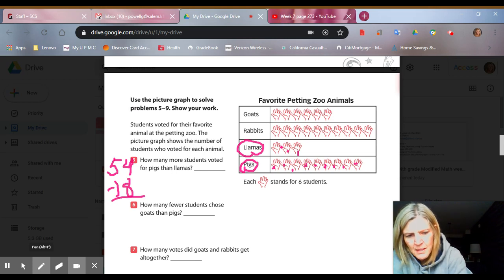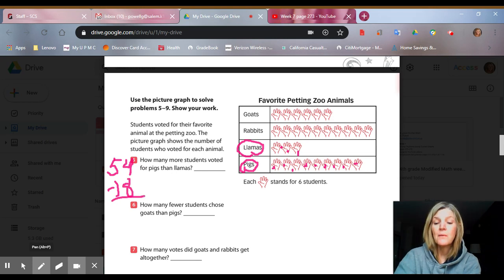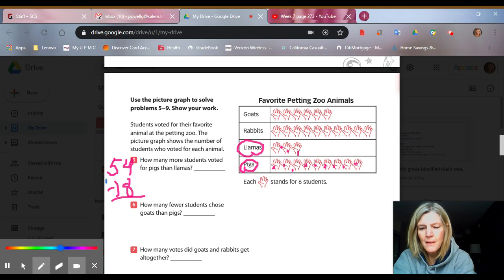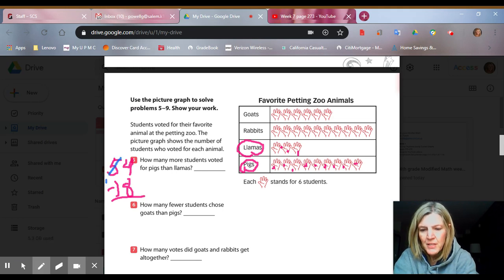And take a look, start in the ones place. 4, take away 8. Can you subtract 4, take away 8 and still have a whole number as your answer? Absolutely not. So you need to regroup. So you regroup, going over to the tens place. Take a 10 away from that 5, makes it a 4.